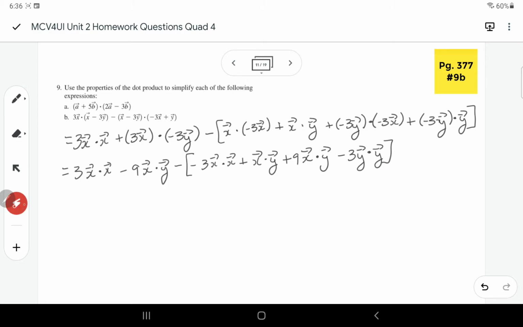I'm going to go in a couple steps here. I see that these are like terms. So x dot y plus 9x dot y is 10x dot y. And then I'm going to distribute this negative sign, remembering that each of the dot products are just going to be scalars. So I can multiply each of those by the negative, like a negative 1 out front there.